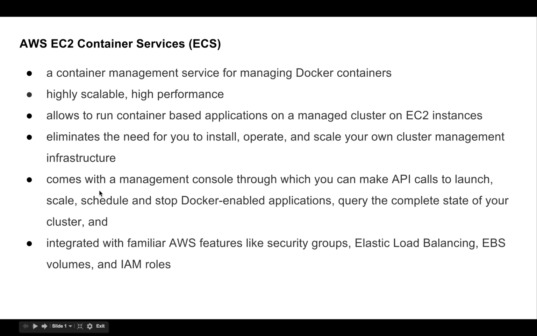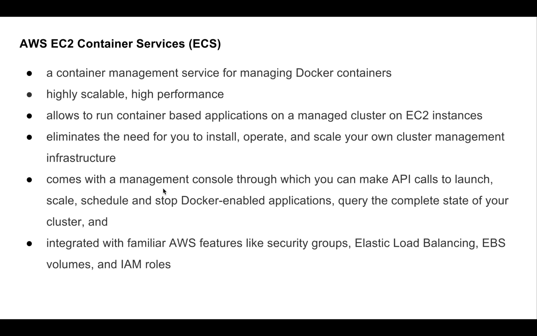Lately, Amazon has included a nice, neat, and functional management console through which we can launch, scale, schedule, and stop Docker containers right from within the management console. And if we prefer, we can also use JSON format to achieve the same thing, again right from within the management console.